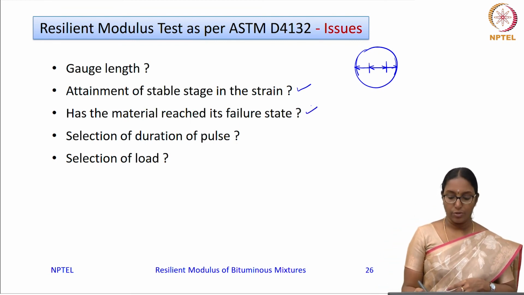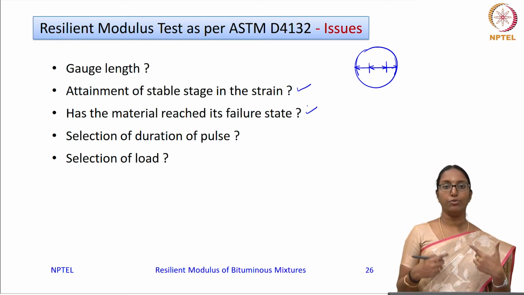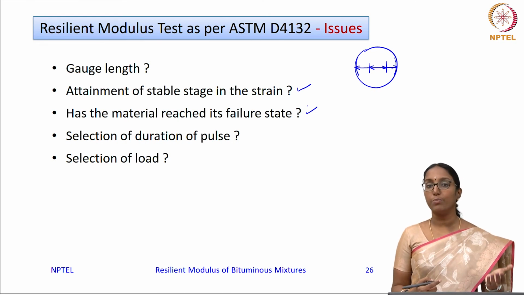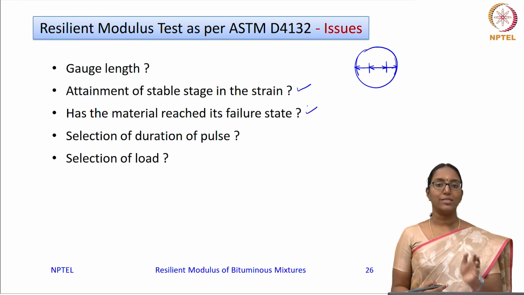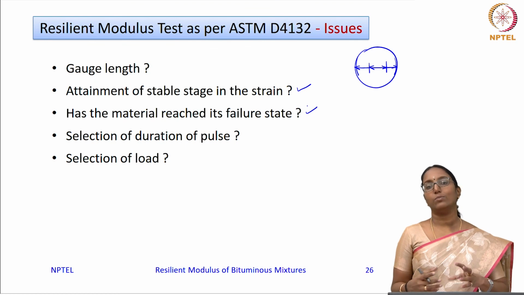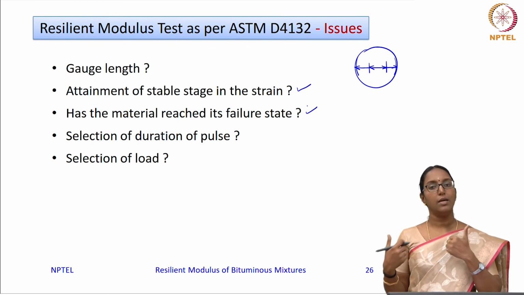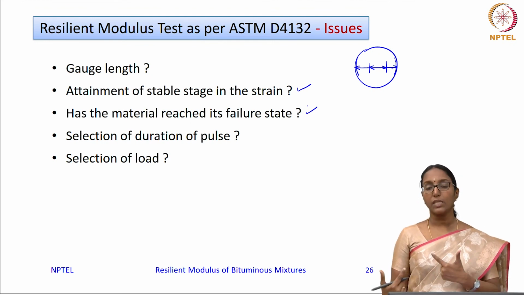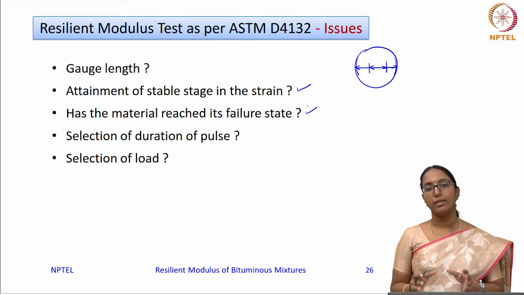And again, you have to check whether the material has reached its failure state or not, because you do this preconditioning cycles. Say for example, if you are taking 50% of ITS as the load and you choose certain frequency and do the testing, and at the end of the test your specimen might have failed. So, it is necessary that you conduct an ITS on the specimen after the testing and check whether there is much variation from the results and your material is failed or not.